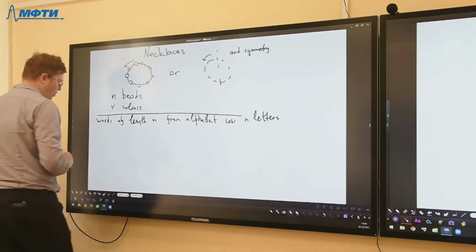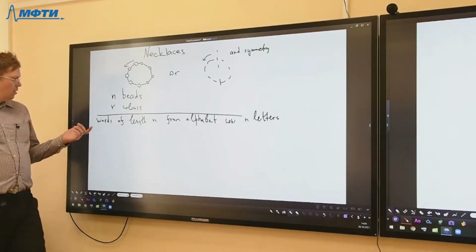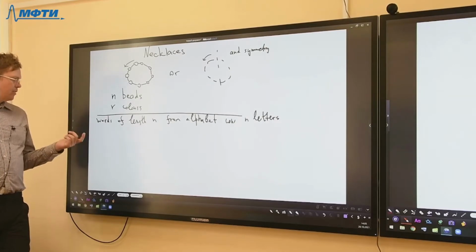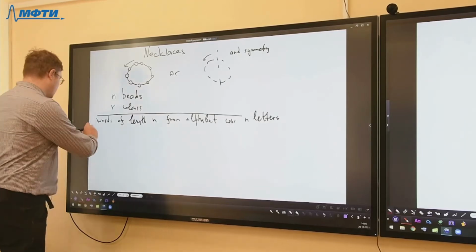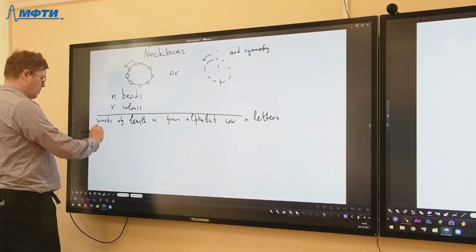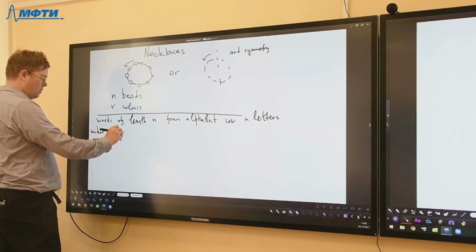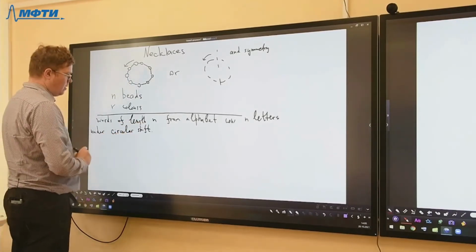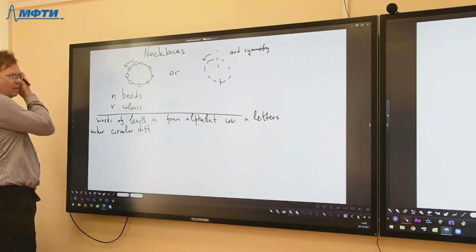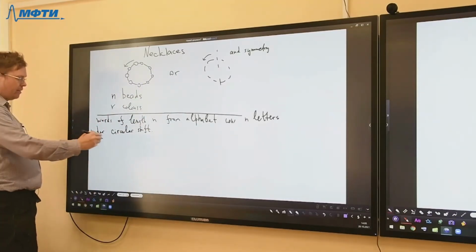But we have this symmetry that if we shift the word circularly, so we have a circular shift, then we have the same word. So instead of the basic colors, I can just write the usual words.